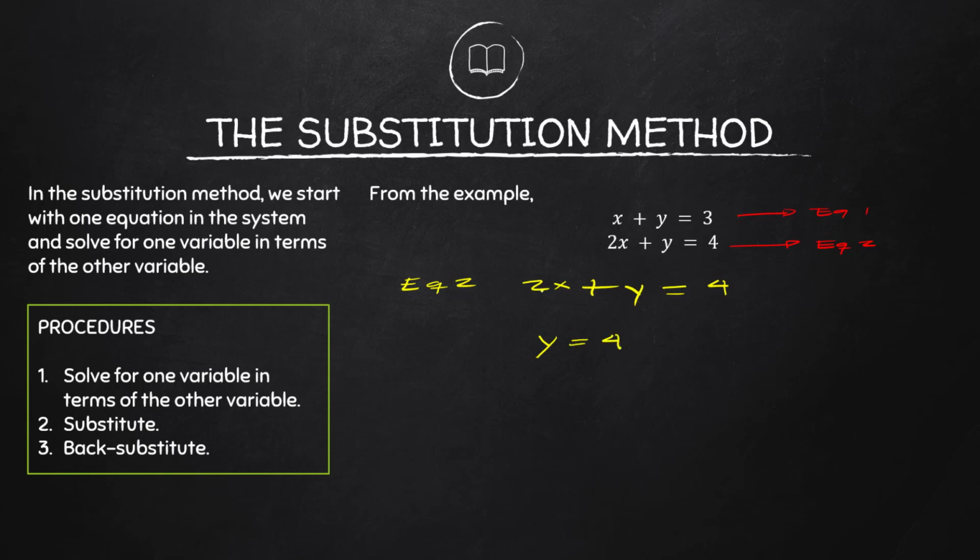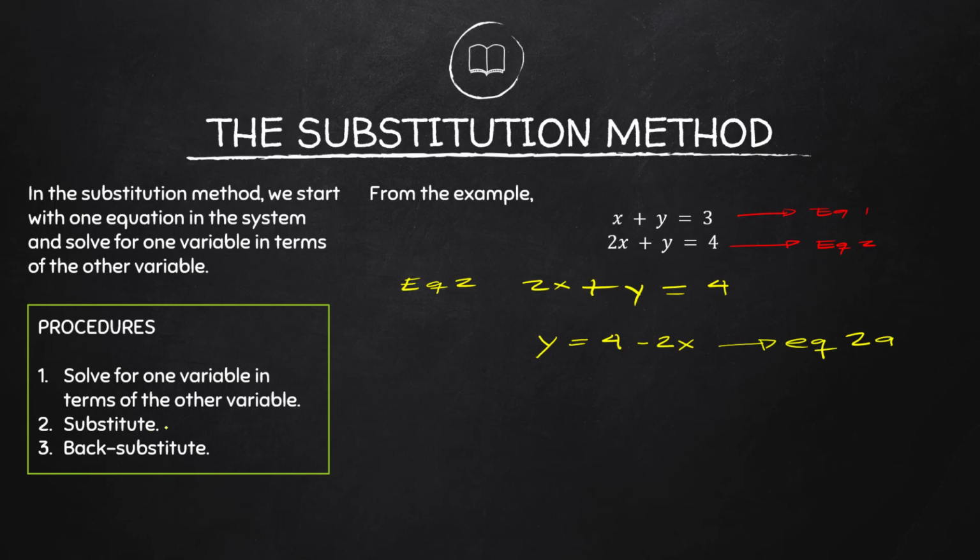If you transpose one expression of the polynomial to the other side of the equation, you are going to change its sign, so it becomes negative. Let's call this equation 2a.